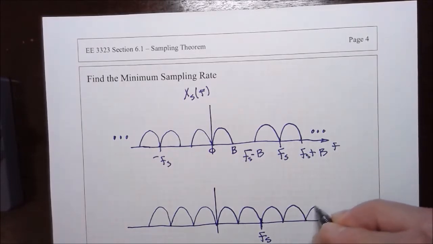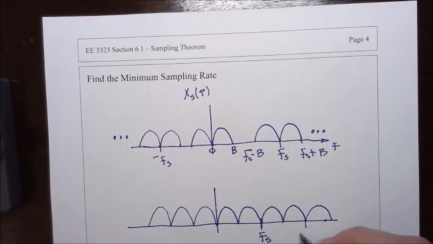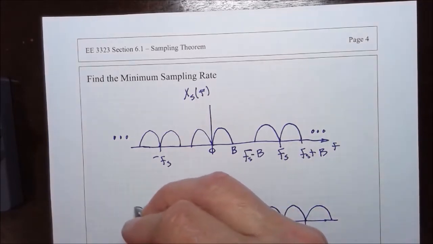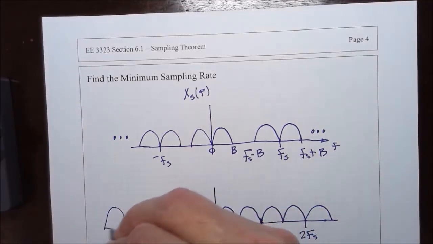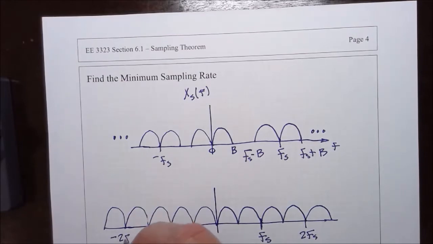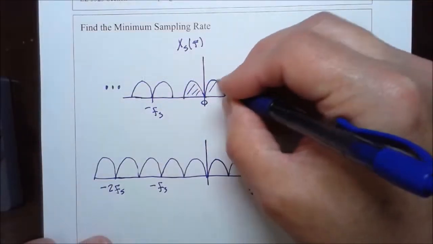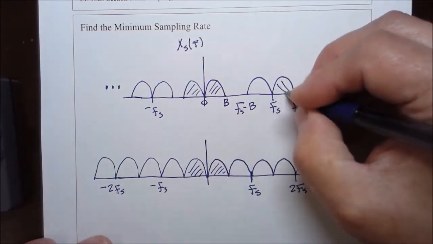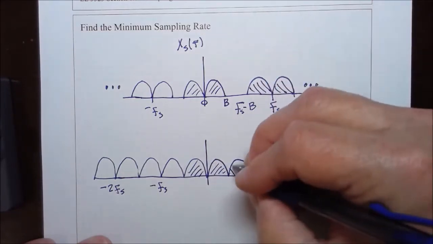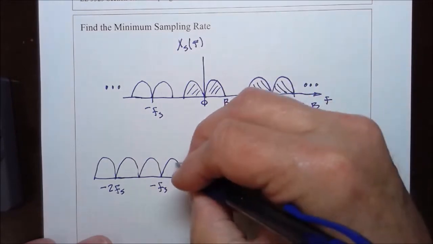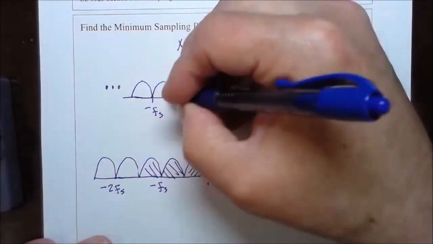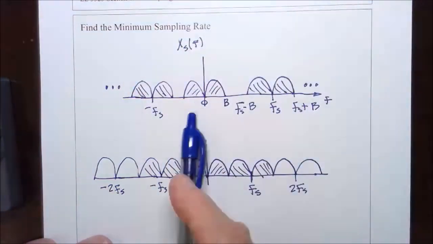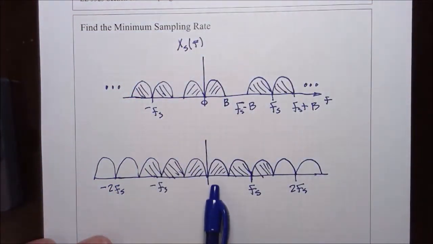Let me do another one. This would be 2fs. This is at minus fs, minus 2fs. So this is the one we want to be able to isolate, this center copy.